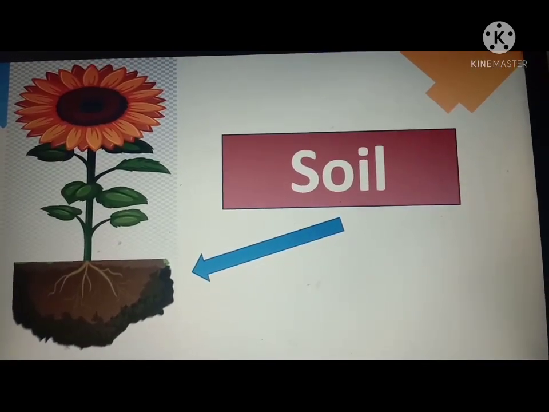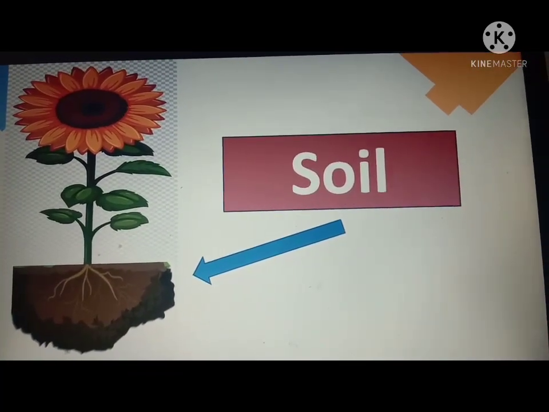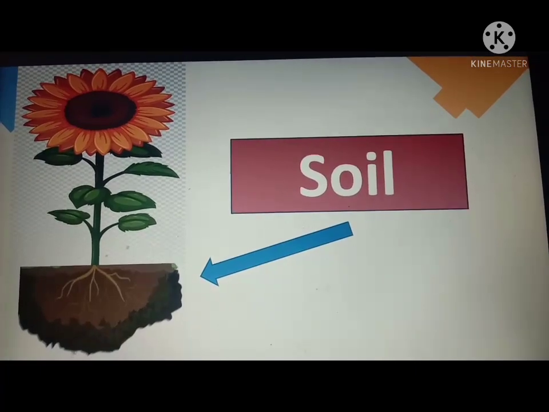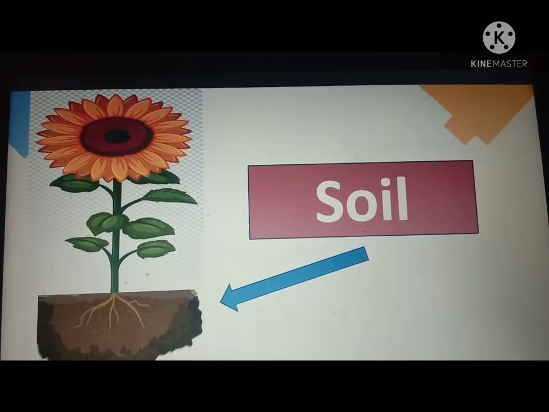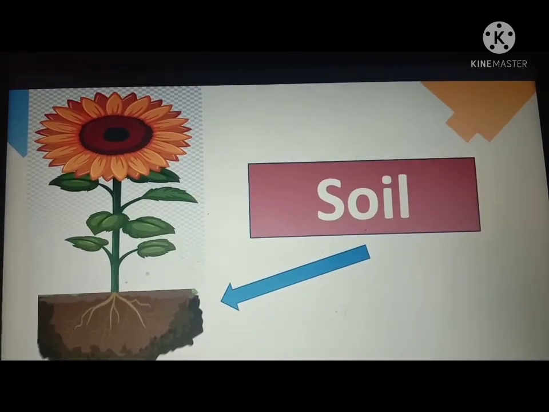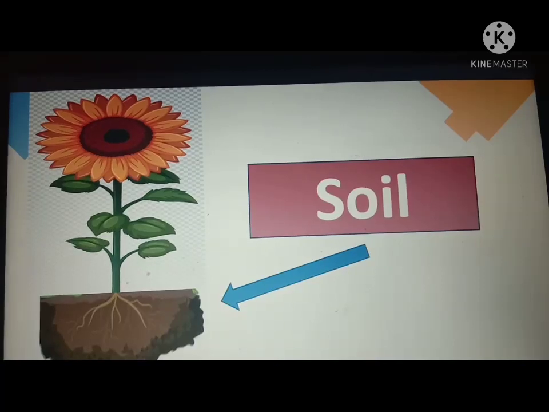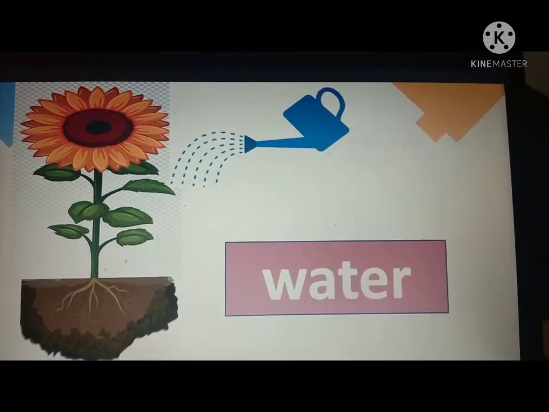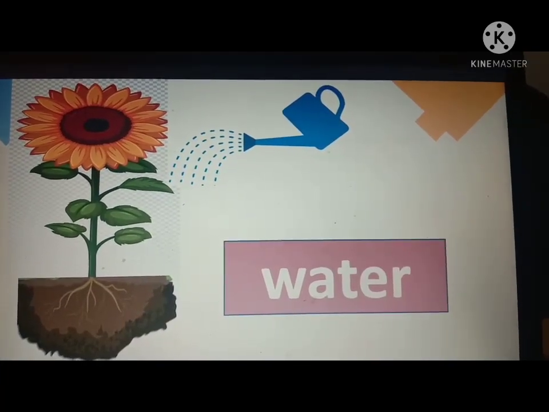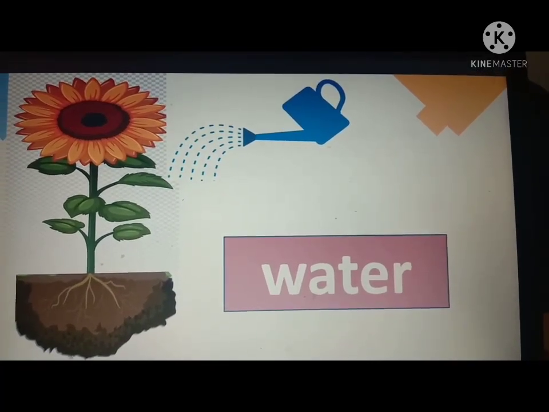Children, first, the thing that we need to grow a plant is soil. Soil provides the nutrients that plants need to grow. Next thing the plant needs to grow is water.